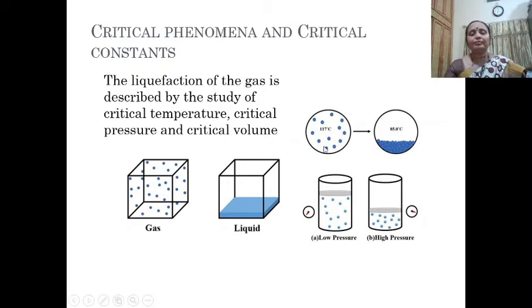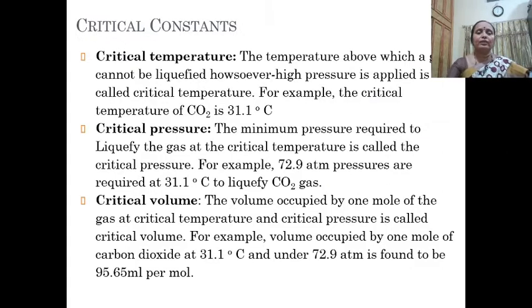Likewise, at higher temperature the gas molecules are far away, but as the temperature is decreased, the molecules come close by and ultimately get converted into a liquid at a given temperature. This is actually what we are going to study in today's class, that is critical temperature, critical pressure and critical volume. Coming to these three critical constants, first let us go ahead with critical temperature.